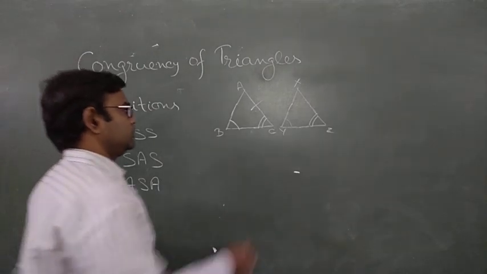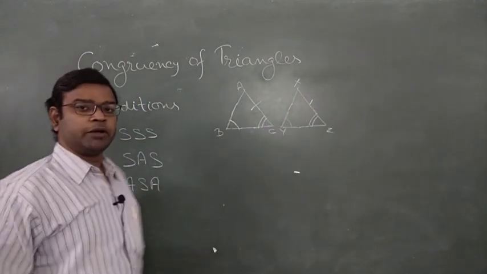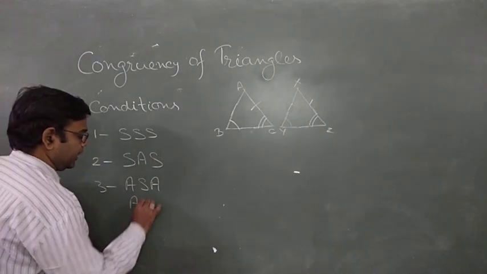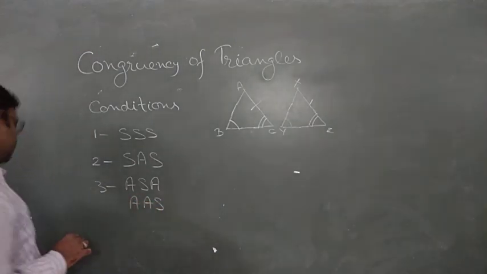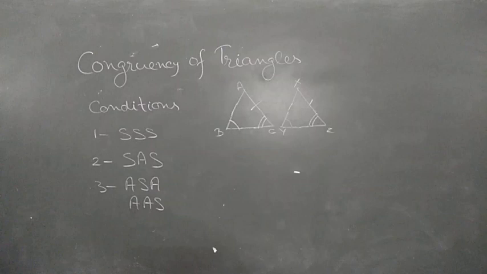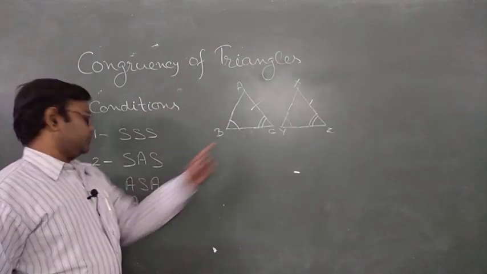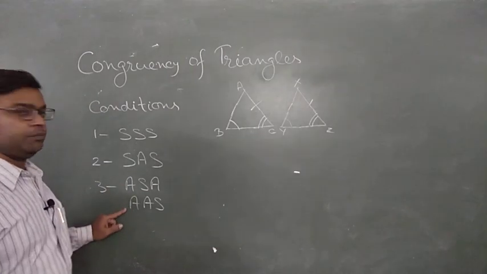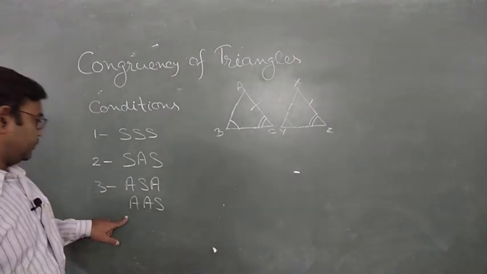So this is also considered a point of congruency, and this is known as angle angle side congruency. This we will discuss in the same topic. These two are under the same heading, but both are different parts. That's why they are written separately over there.